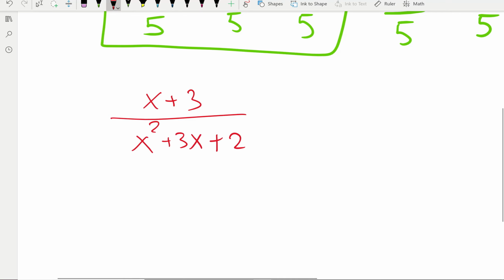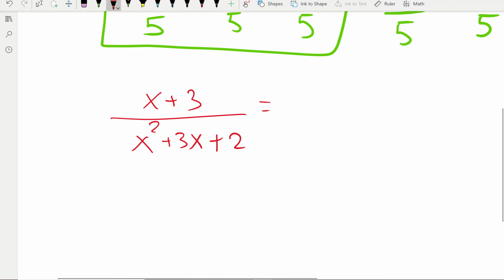Now this is a big fraction. It is a rational function, meaning a polynomial over a polynomial. The numerator is a polynomial, the denominator is a polynomial. This is a complicated big fraction. The partial fraction decomposition is when you take this complicated big fraction and break it down, tear it apart, or decompose it into several simpler fractions.